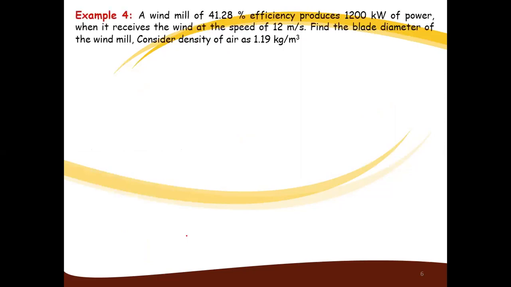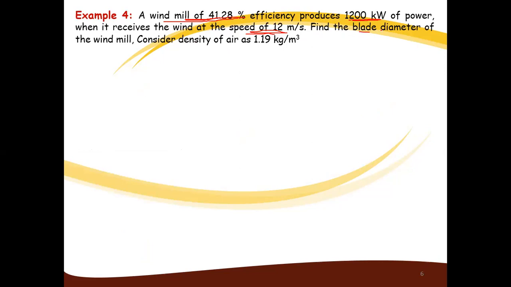Now we have the next example, again based on windmill. A windmill of efficiency 41.28% produces 1200 kilowatt of power when it receives wind speed of 12 meter per second.